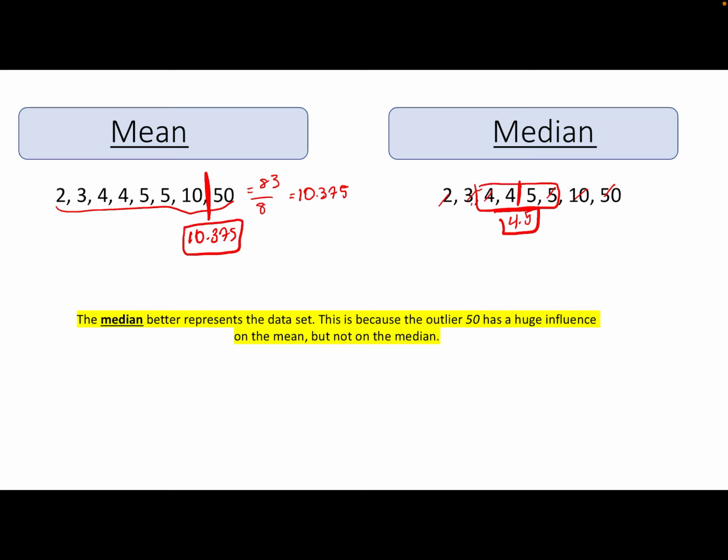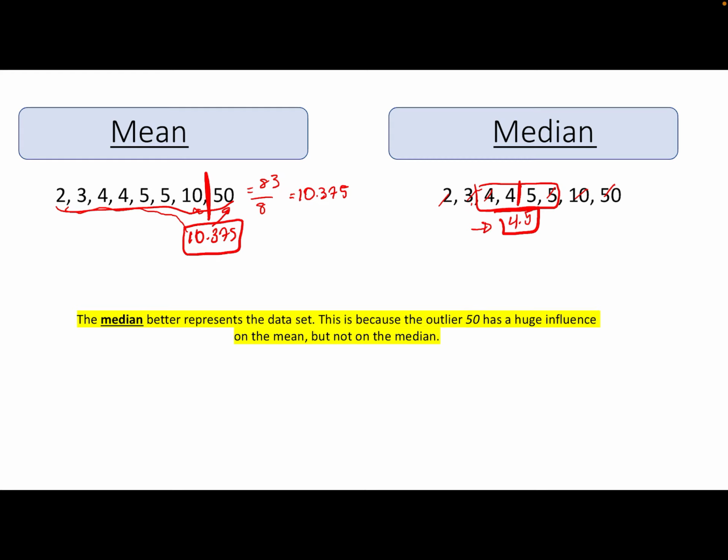For 10.375, there's one number close to it, one number very far away, but then all of the other data set is much smaller. So it's not very close to a majority of the values, whereas 4.5, the median, is.